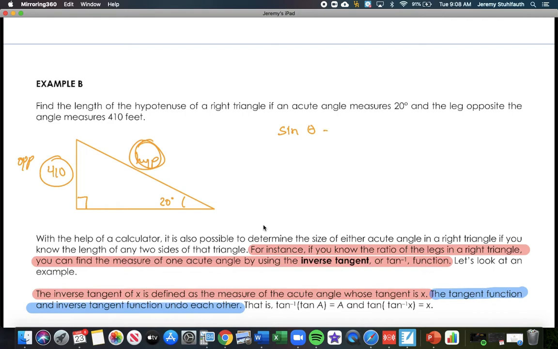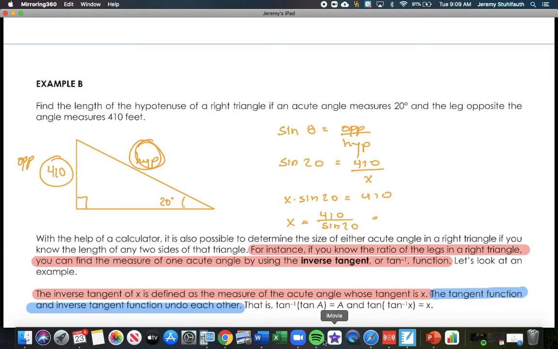Sine of theta is equal to the opposite side divided by the hypotenuse. So you have sine of your angle, which is 20, is equal to 410 divided by our hypotenuse. We'll call that x. We would cross multiply. So you'd have x times sine 20 equals 410. Divide by sine 20 on both sides, you get 410 divided by sine 20.